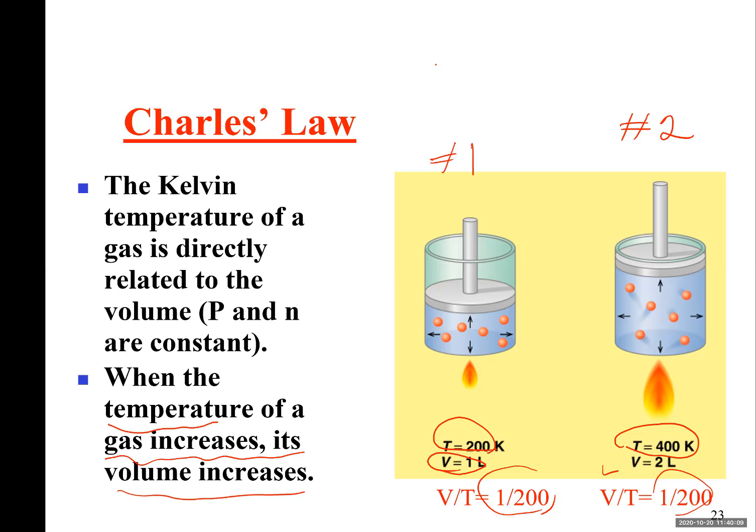What ratio? V over T remains fixed. Let's say a constant. So that's what Charles says. Volume and temperature are directly related.